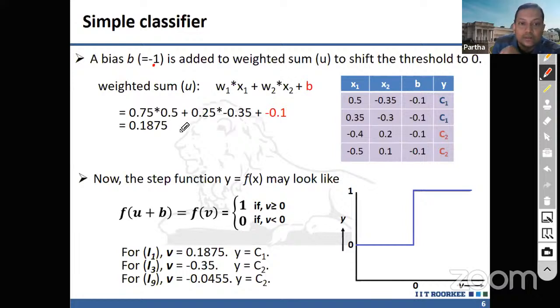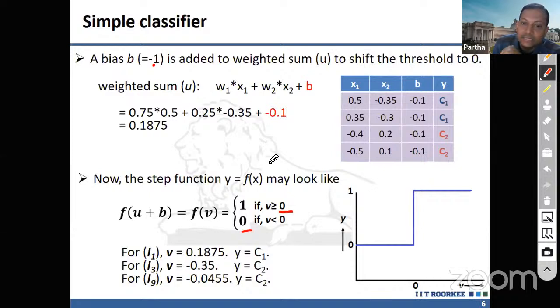So whatever x1 and x2 I have, I multiply w1 x1 plus w2 x2 minus b, and if this total value is greater than or equal to 0, then it will be 1, otherwise it will be 0, the other category.